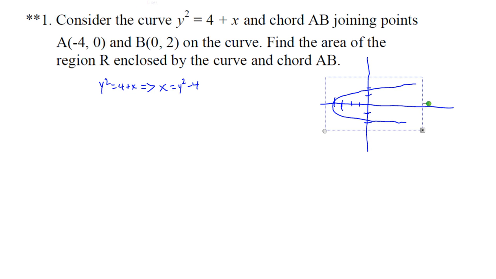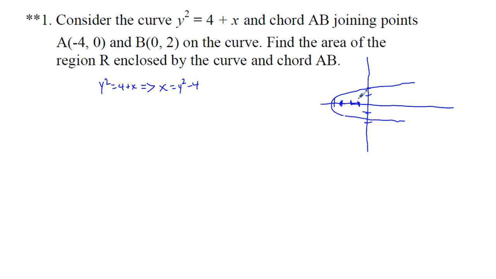Just to kind of clean this up a little bit, that looks pretty good. You can pretty much see what this is here. So, a very rough sketch, but the y equals x squared minus 4 turns sideways, and this is going to be the x equals y squared minus 4.